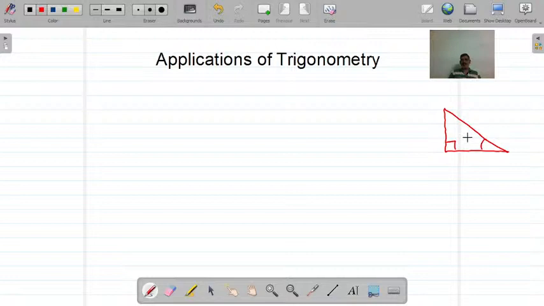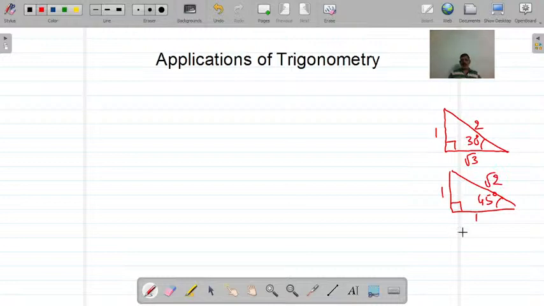When this is 30 degree, then we can say it is 1, 2, 3, 2. And if this is 45 degrees, then you can say it is 1, 1, 2, 2.